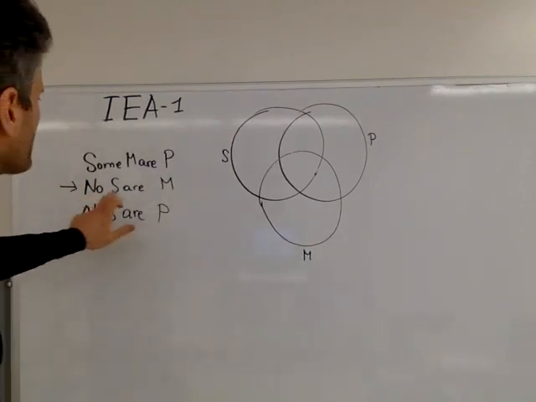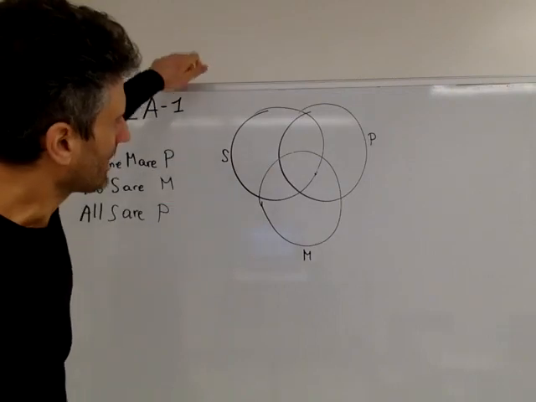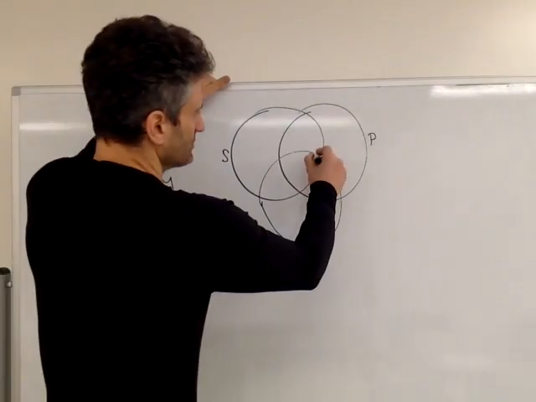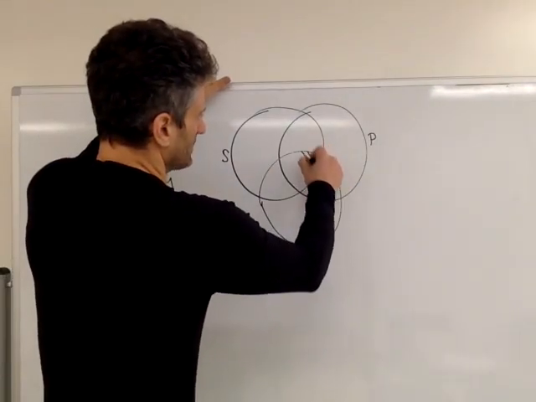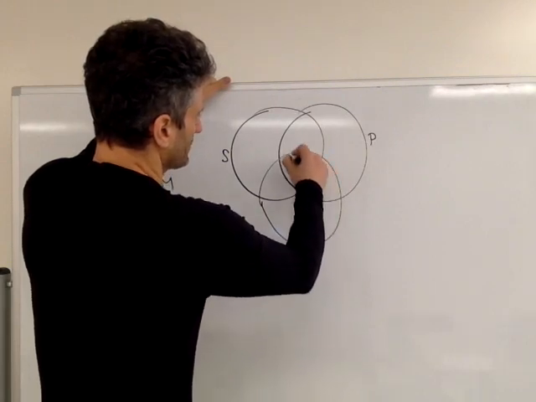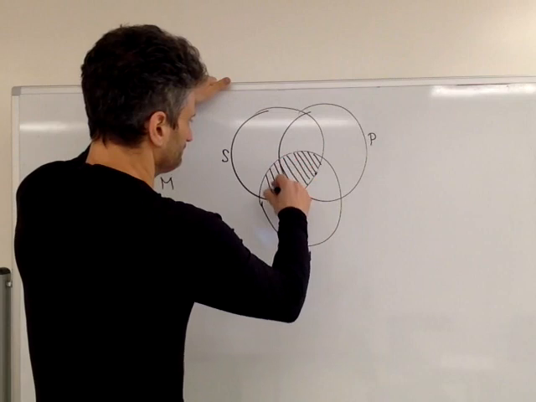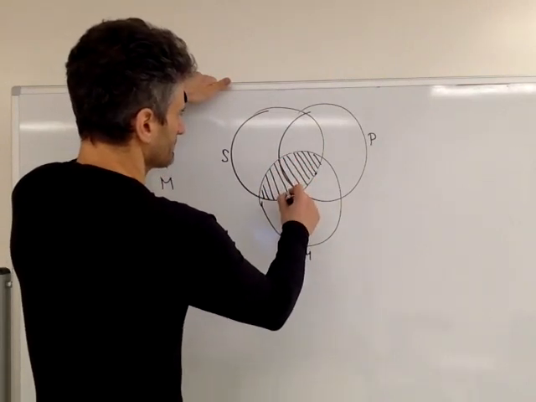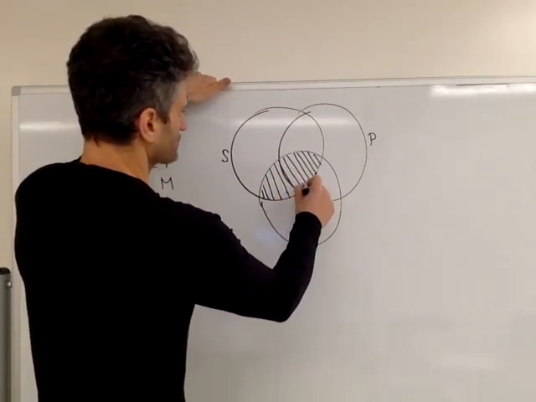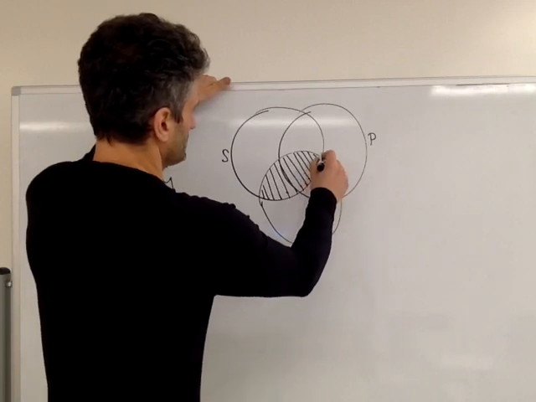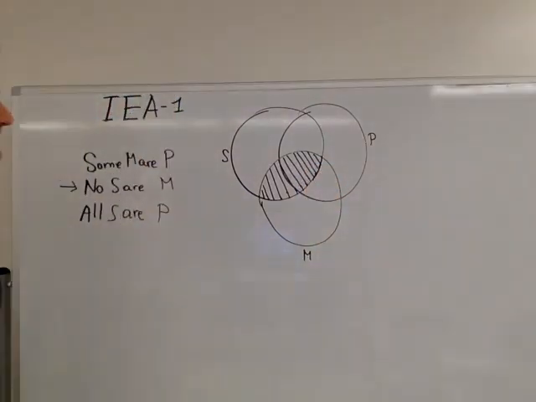Okay, so no S are M. All right, so now I know what to do because I just have to shade area 2 between S and M. And that's easy. That is not a controversial diagram, okay?